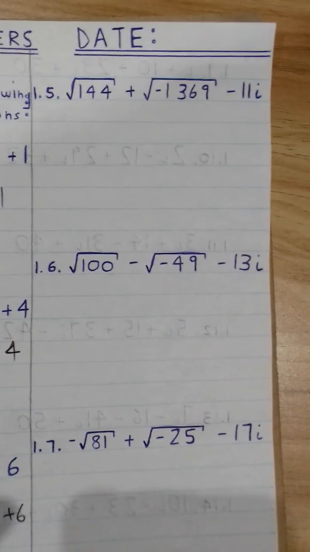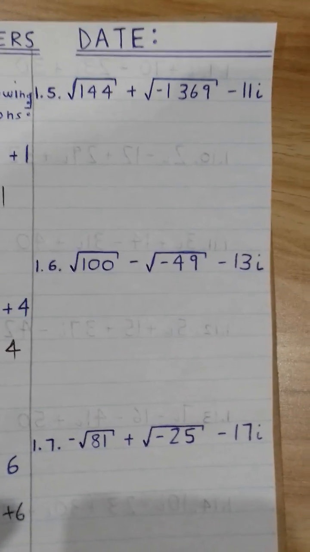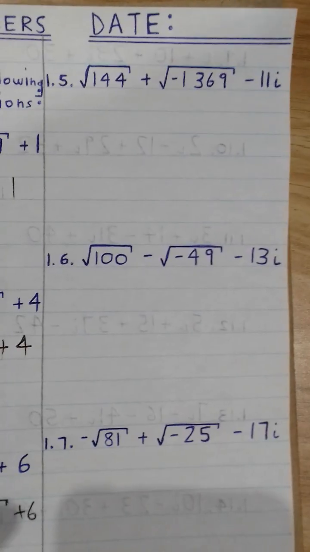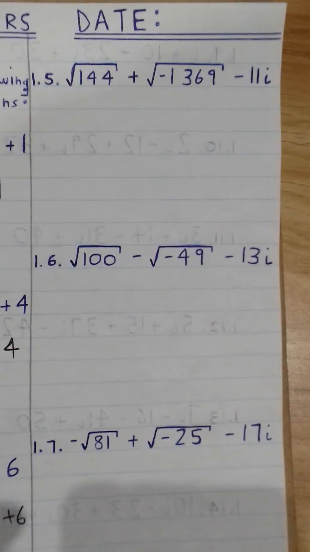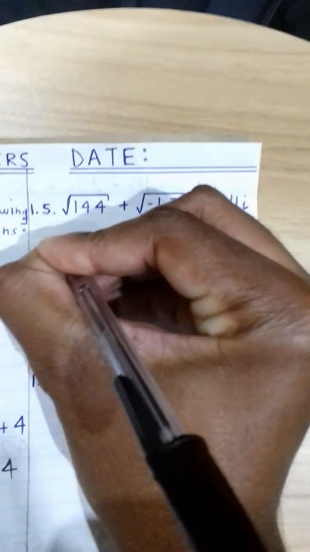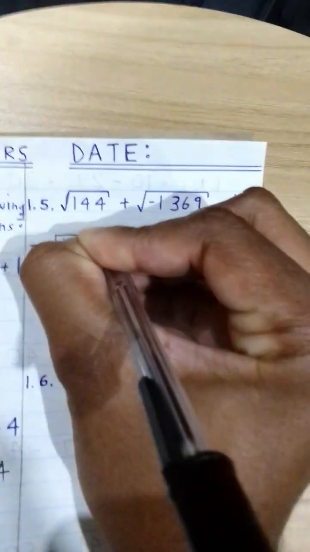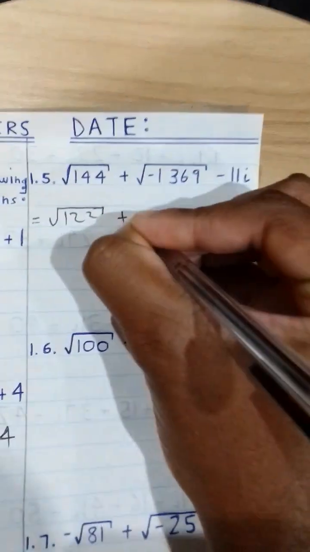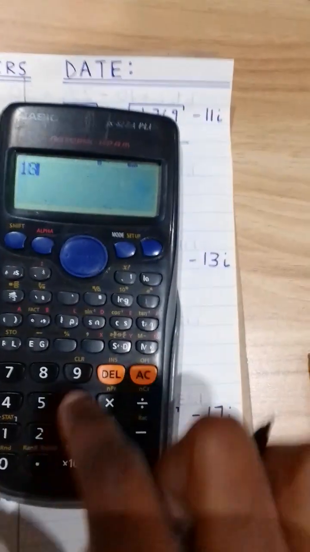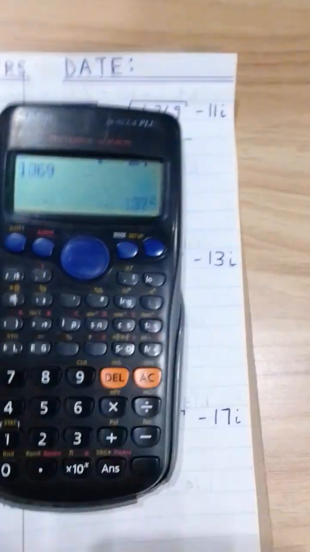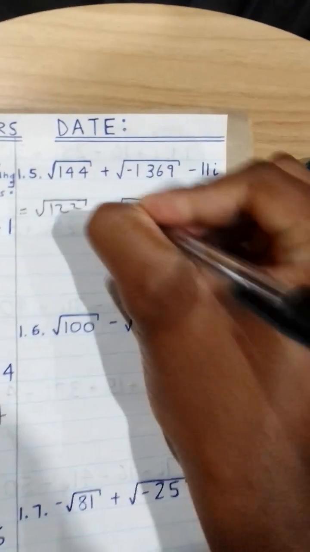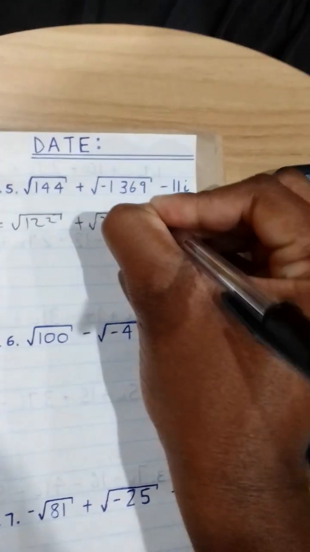1.5: square root of 144 plus square root of negative 1369 minus 11i. So 144 is 12 squared, so square root of 12 squared plus, 1369 is 37 squared, so square root of 37 squared times negative 1, minus 11i.